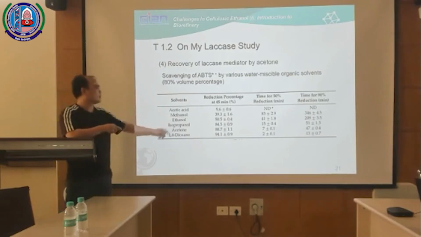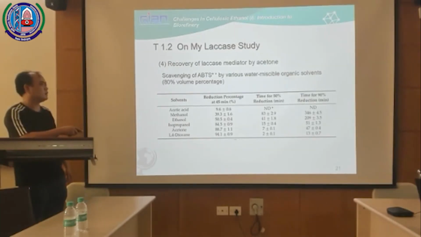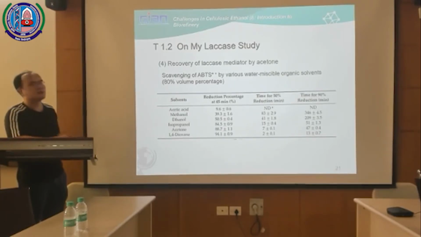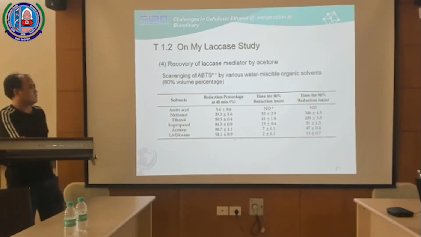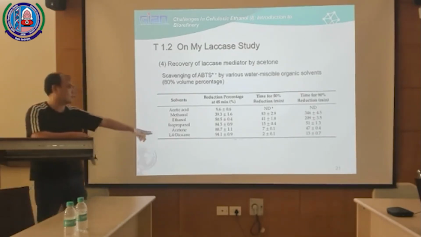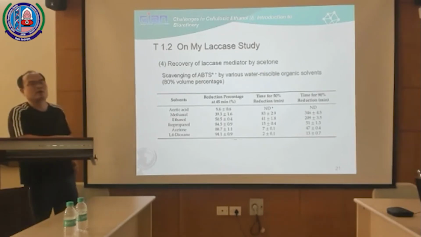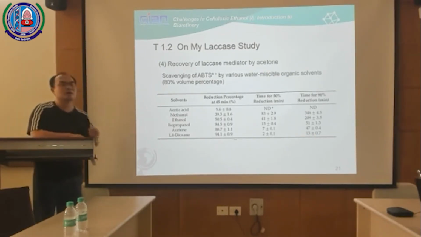In methanol, it's also stable, because 90% reduction requires 6 hours. And for ethanol, it also requires several hours. But for dioxane, which is commonly used in bioorganics, it's very fast, much faster than ethanol.